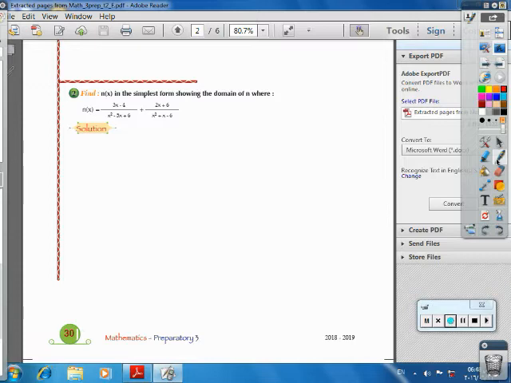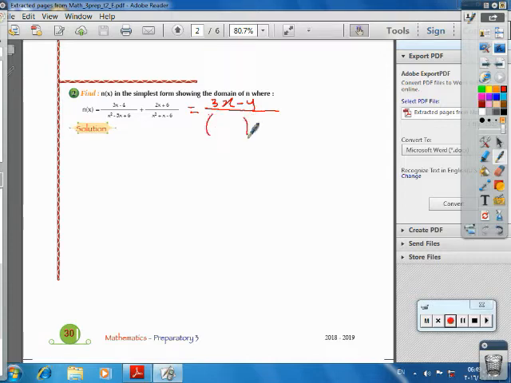Okay, the first step. The first fraction, in the numerator 3x − 4. In the denominators we can factorize it.